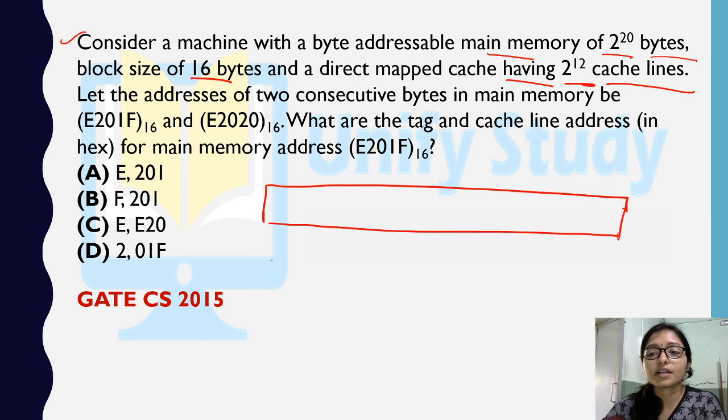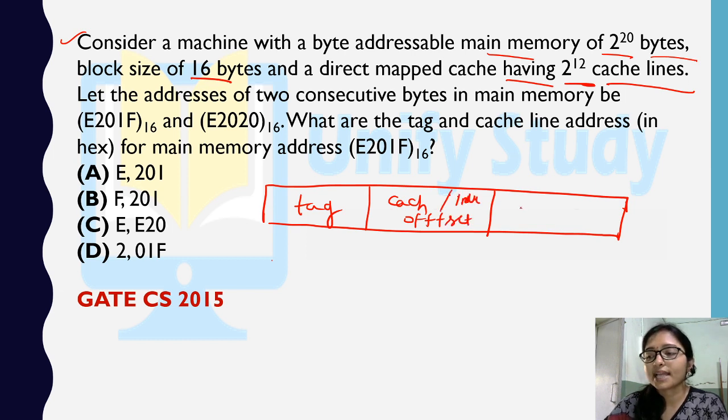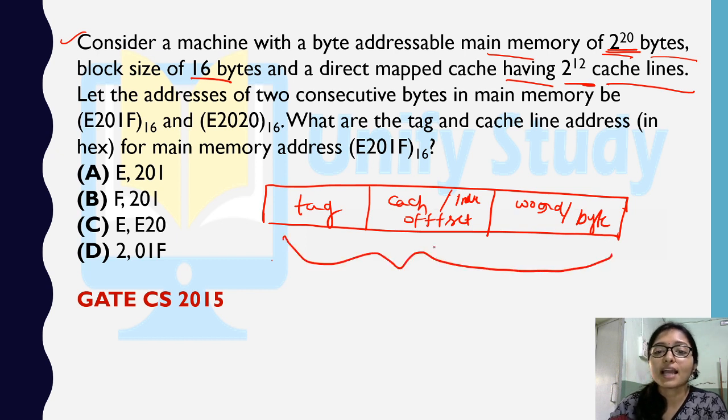There will be three parts: one part is the tag, another is the cache index or offset, and here is the word or byte. Now see, here 2 to the power 20 byte is mentioned, so that is 20 bit required, total is 20 bit.